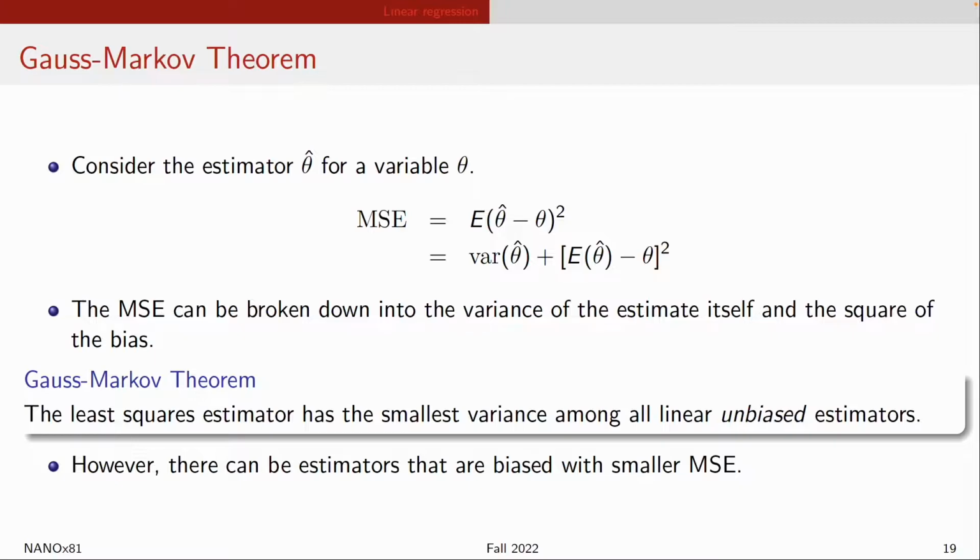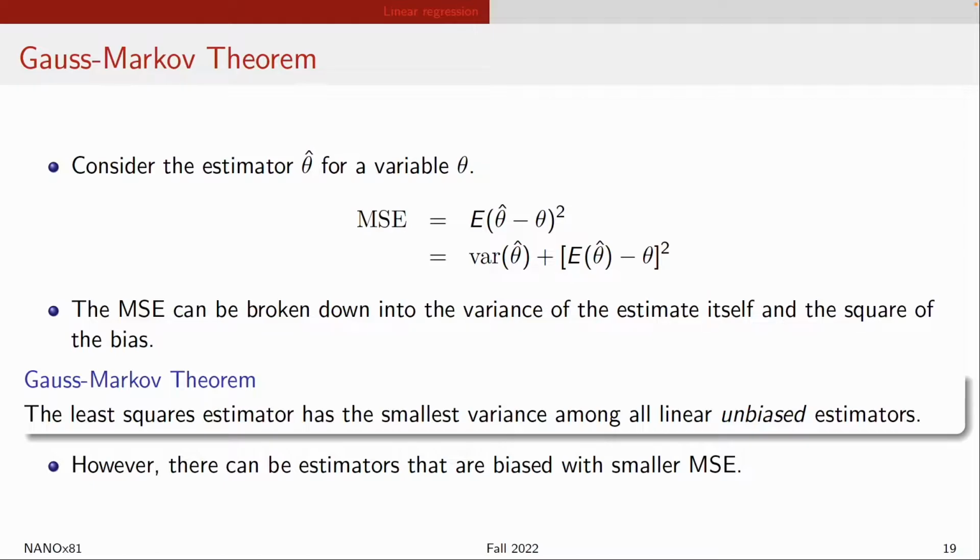Now, what you see here is that the mean square error can be broken down into the variance of the estimate itself and also the square of the difference between the expected value of your estimate versus the actual value. So this is what is called the bias, okay? So essentially, your mean square error is equal to the sum of your variance plus the square of your bias, right?